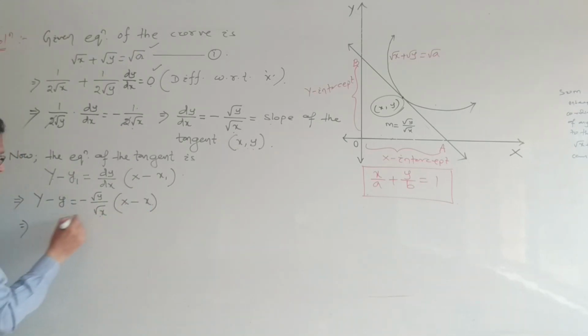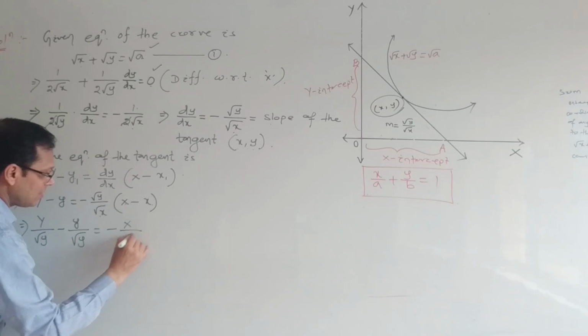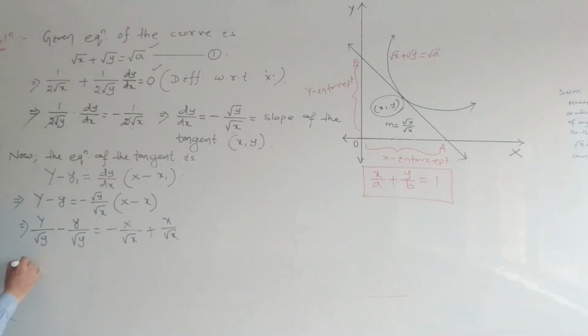Dividing here by root y, we get y minus root y... y by root y is equal to minus x by root x plus x by root x. From this, transferring to the LHS, x by root x plus y by root y is equal to y by root y.